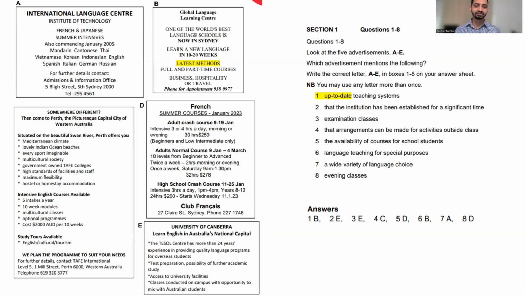Examination classes is also mentioned in E as test preparation, right? So you might have gotten that indication there. For C, 4 is C, so that arrangement can be made for activities outside the class.